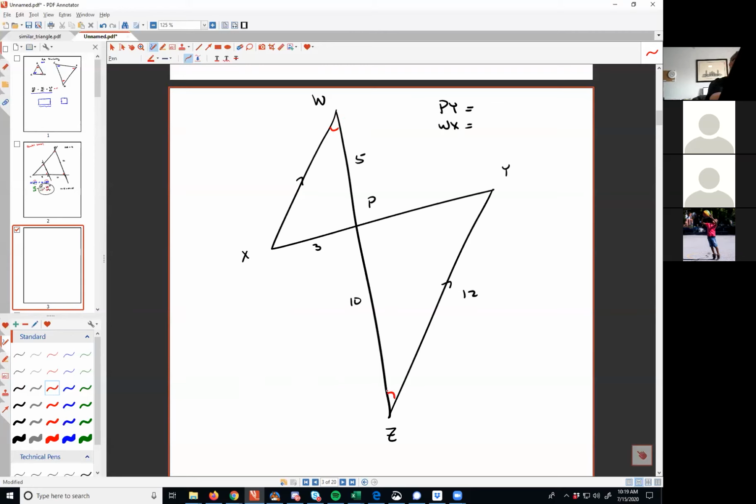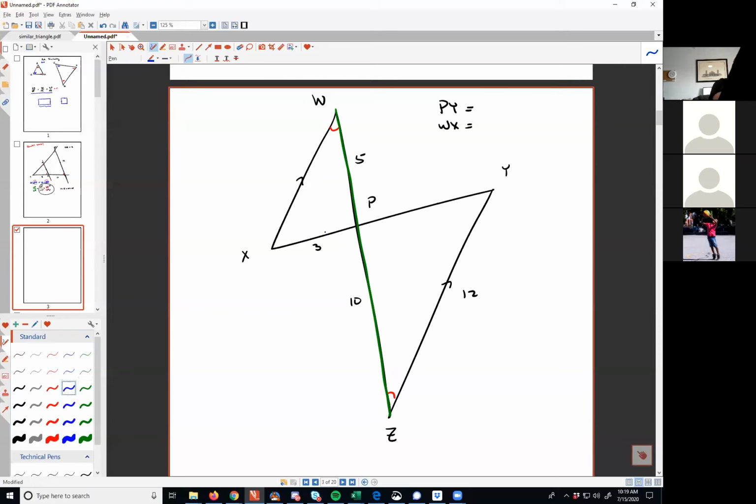Good. And you followed this transversal right here. Every now and then I'll have a student who says that PWX is the same as PYZ. There's a tendency to want to just say, well, you have parallel lines, I'm going to look at the angles that are nearest each other, but it's not quite the case. It's those two angles that we marked right there.